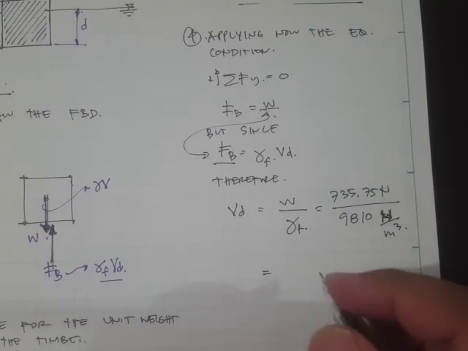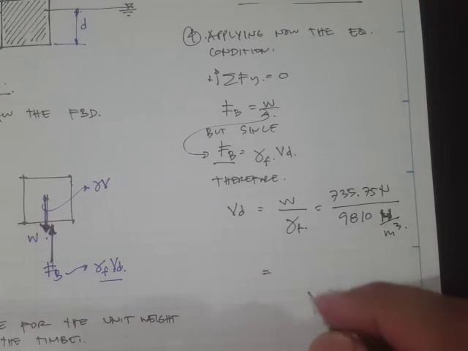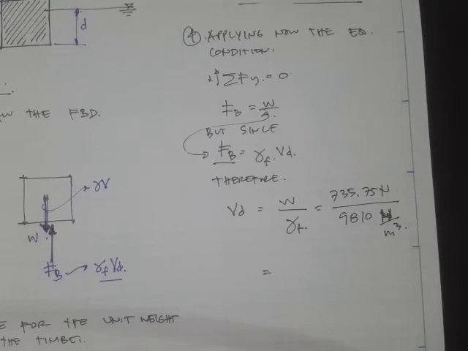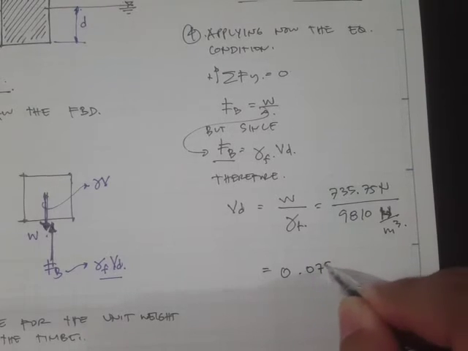So our value for the displaced volume is 0.075 meter cube.